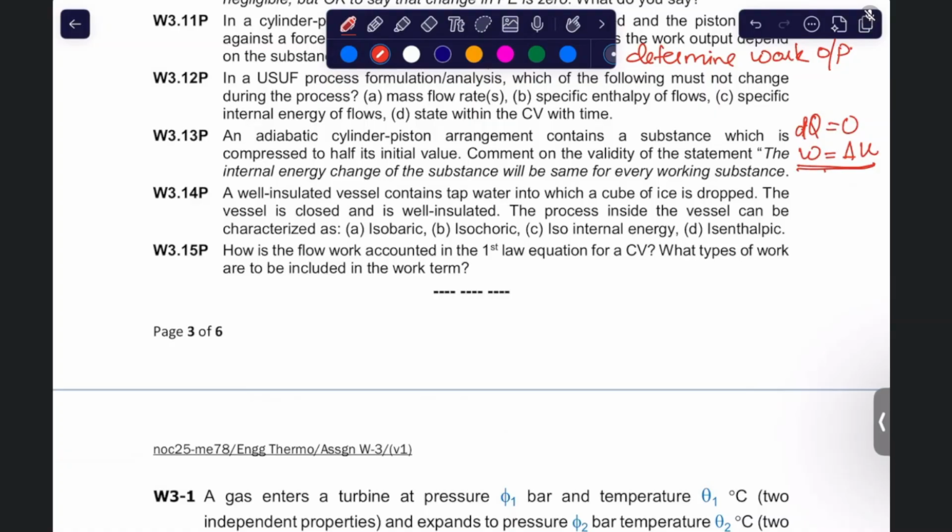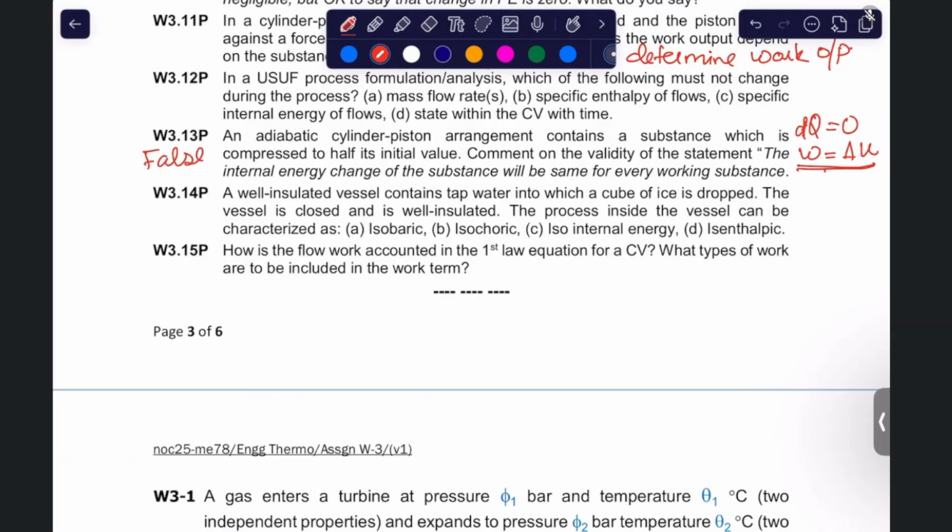But in a high density substance, it might increase really high when we try to quantify internal energy change. So yes, it depends on the working substance. The internal energy change of the substance will be same for every substance: no, not same. So this statement is false.